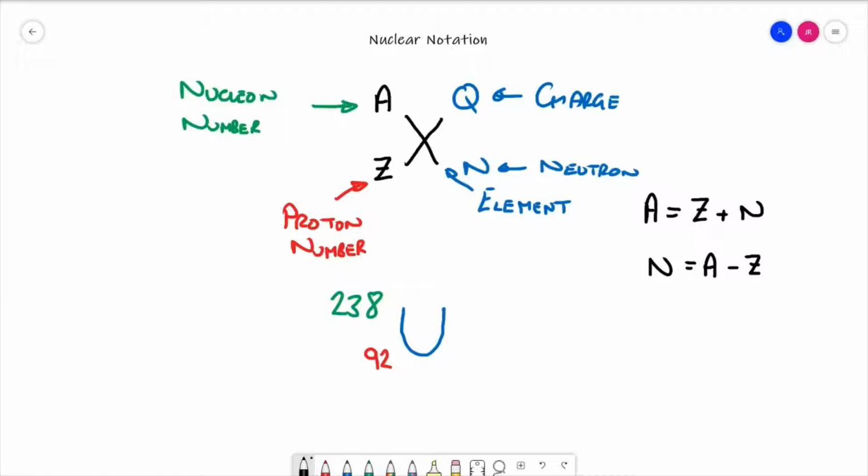So in the uranium nucleus that we've been using as an example, there are 238 nucleons, there are 92 protons, and that therefore means that 238 minus 92 is 146, and there would therefore be 146 neutrons in that particular nucleus of uranium.